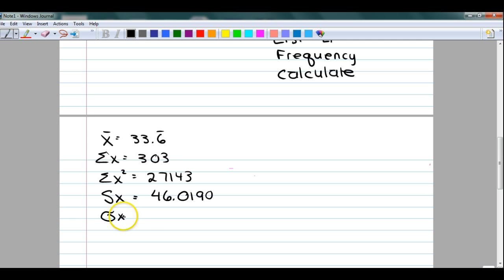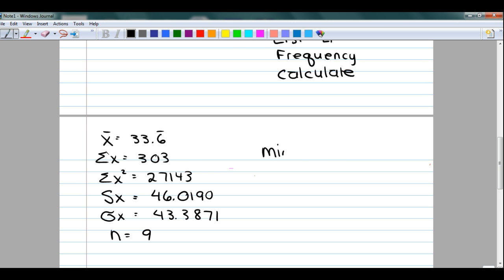Lowercase sigma x, that's population standard deviation. We'll talk about that in part 2. We got how many numbers are in our list. Now we get to these last 4 entries.